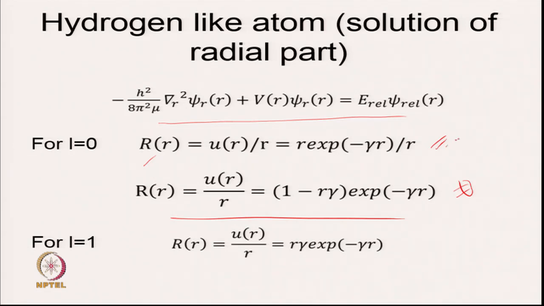So, this is the wave function associated with the ground state, whereas this one is the wave function associated with n is equal to 2. So, this one is the solution for n is equal to 1 and this is the solution for n is equal to 2.